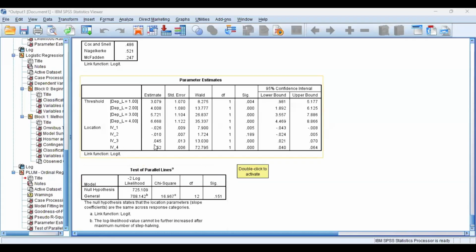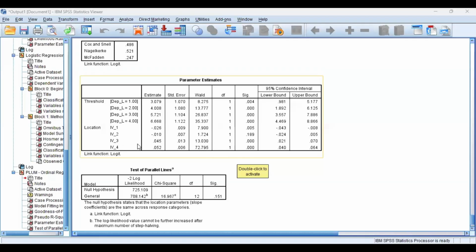IV3 has a positive prediction for our ordinal dependent variable here. What does it mean? It means that higher levels of IV3 can significantly increase the odds of higher levels of your dependent variable.